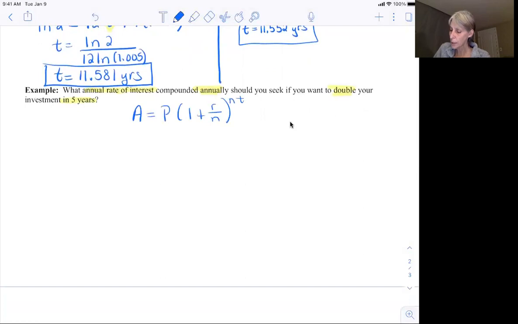I want to double, so I want to turn P into 2P. I don't know what my rate is. It's going to be compounded annually, so n is 1. And I want to double my investment in 1 times 5 years. Now I'm going to condense this to look and see what I'm looking for.